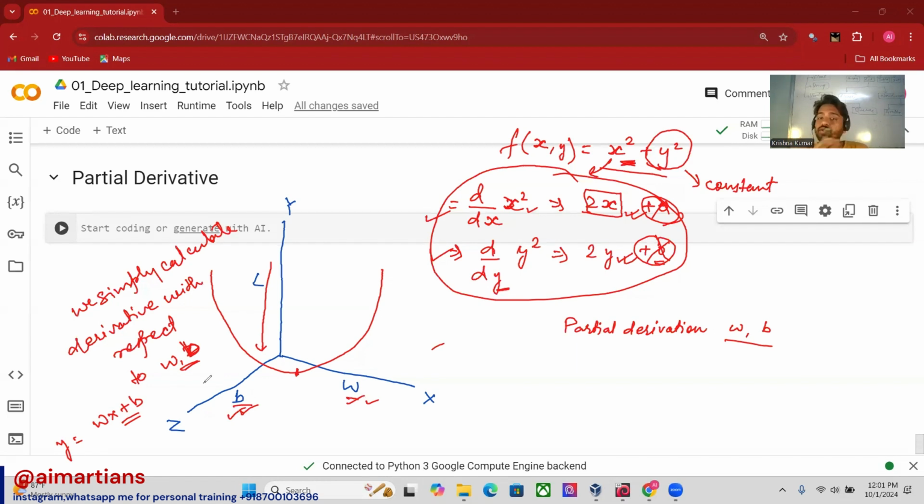Yesterday I made a graph on a 2D axis, and this is the global minimum.